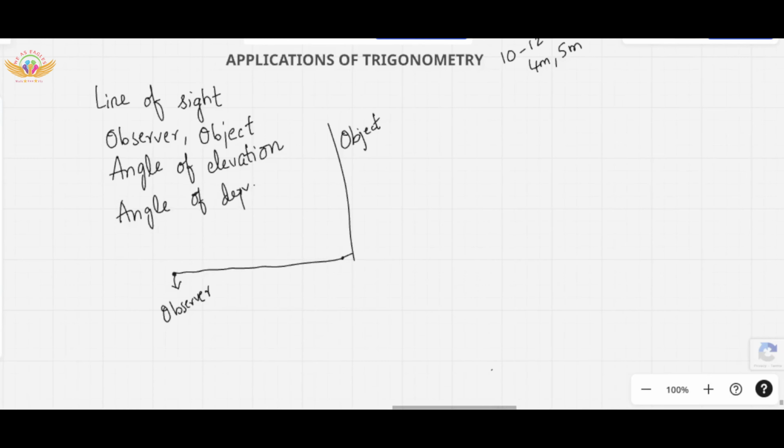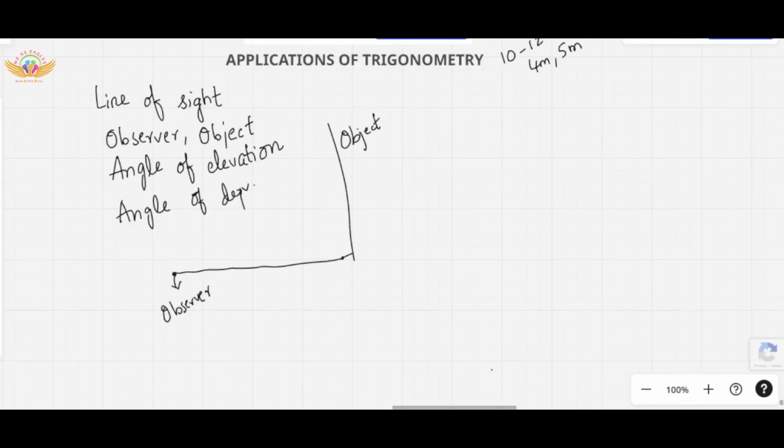So for example, if this is the line of sight for me, and this is the observer, and this is the object like a tower. I'm taking a tower, and as observer, a boy. A boy is standing here on the line of sight and he's watching the top of the tower.